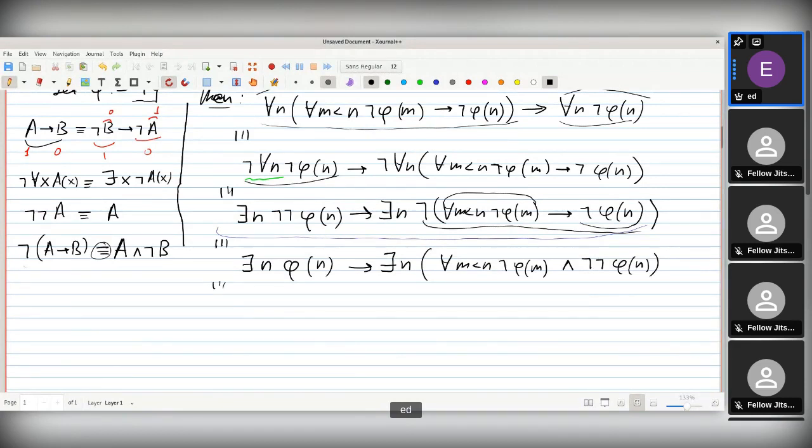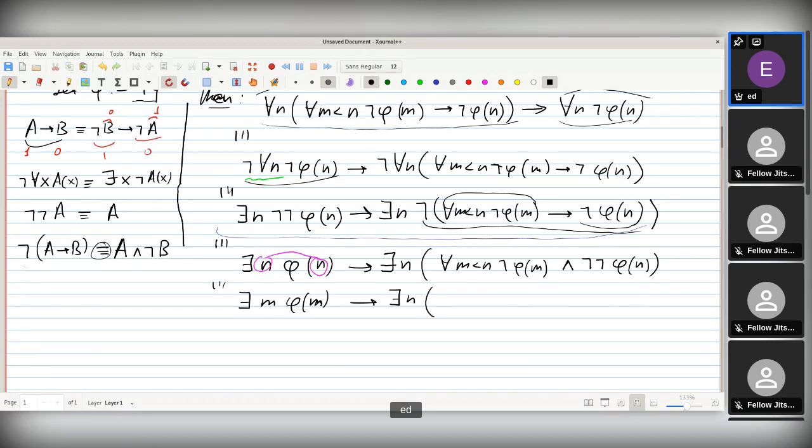Some cosmetic steps. Here I have a bound variable. It doesn't matter what its name is. I can rename it to m. Why not? There exists something that satisfies phi. I can call it m. And here I can do the following.